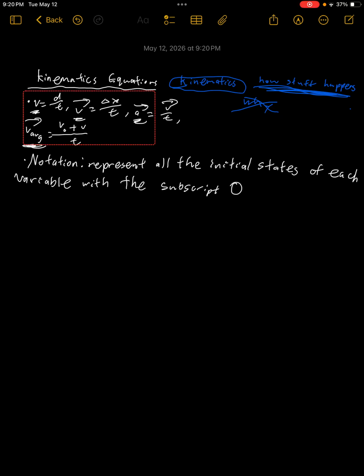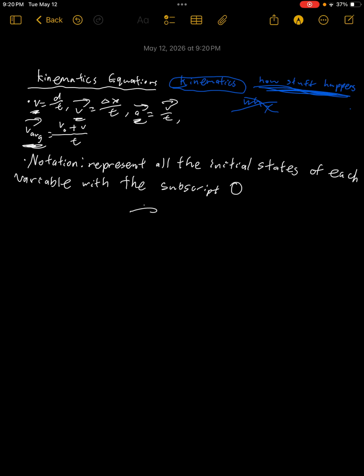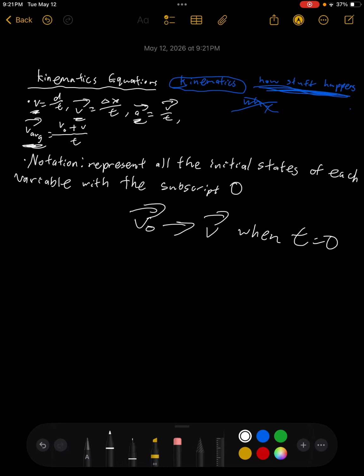For example, the initial velocity would be denoted as v0. The initial position would be x0, and so on. The reason I'm using 0 is because, for example for v0, it shows the velocity when time equals 0, because it's the initial state.